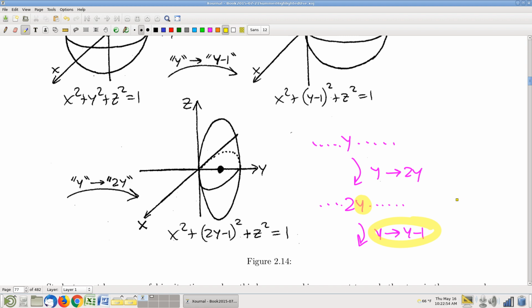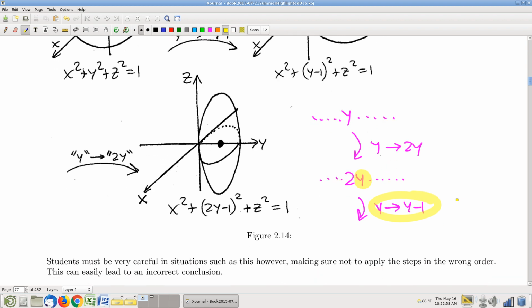You're subtracting 1 from that Y, and the result is 2Y minus 1, which is 2Y minus 2, which is not what we wanted. Everybody see what happened there? Okay, so it's real easy to mess this up, get it backwards, do it the wrong way.